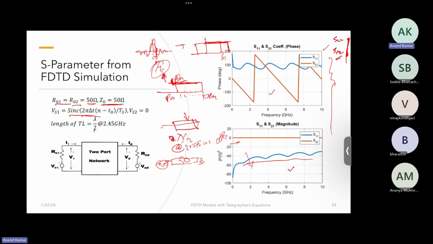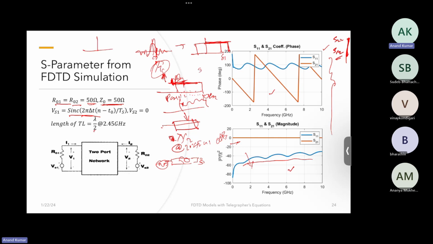If I'm sending a power, this is given at port 1, and at port 2 you might get some sort of response. If you take the ratio of the power at each frequency at port 1 and port 2, you will get the ratio of the power, which is essentially the S parameters.